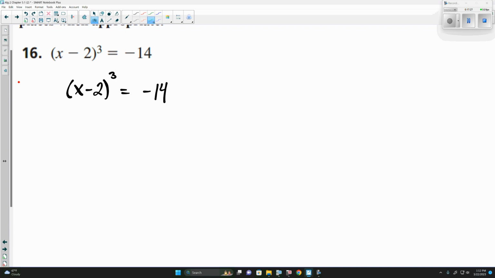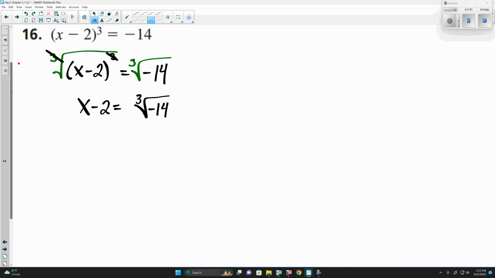Now the parentheses are already by themselves, so we can take the cube root of both sides. So minus x minus 2 is equal to the cube root of negative 14. So can we take the cube root of 14?